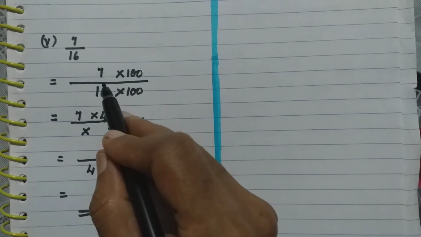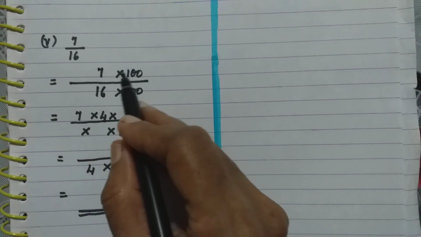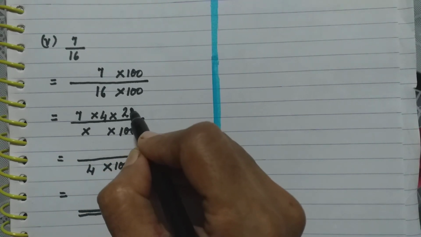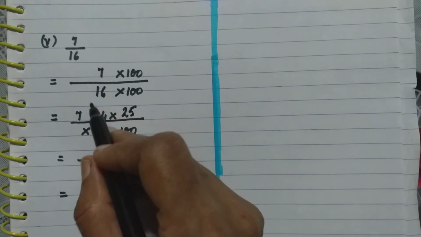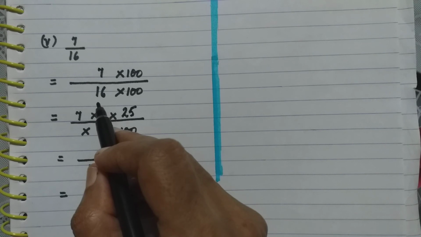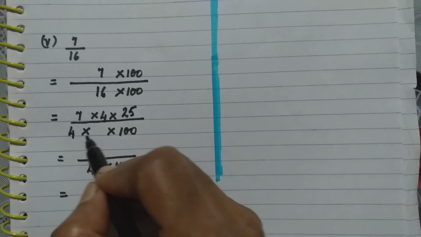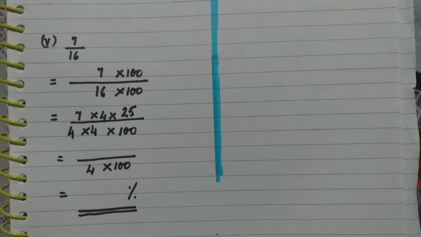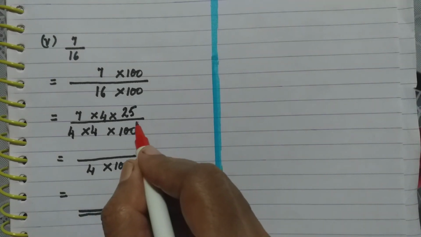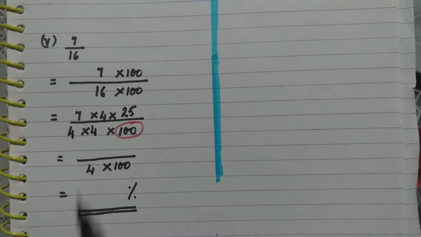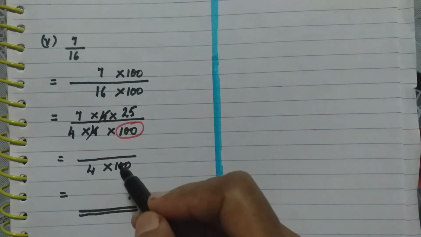So in the next step we write 7 as it is, but 100 is written as 4 into 25. Now what about 16? That also has to be written as multiples of 4, that is 4 into 4. Now this 100 in the denominator remains as it is and 4 and 4 cancel.